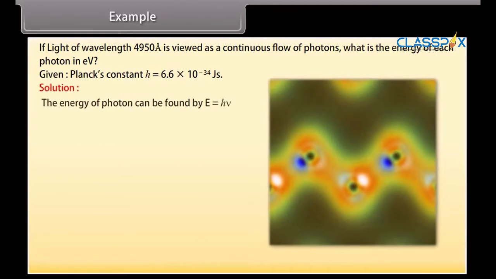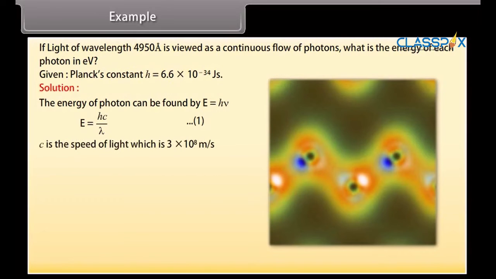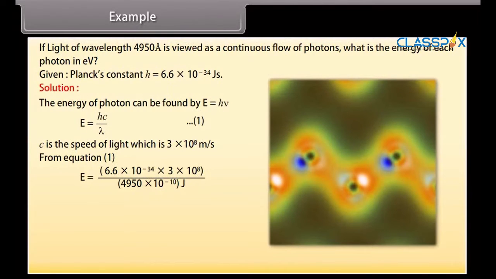Solution. The energy of a photon can be found by E equals hν, E equals hc by λ, name it as equation 1. c is the speed of light, which is 3 × 10^8 meter per second. From equation 1, E equals 6.6 × 10^-34 × 3 × 10^8 divided by 4950 × 10^-10 joule.